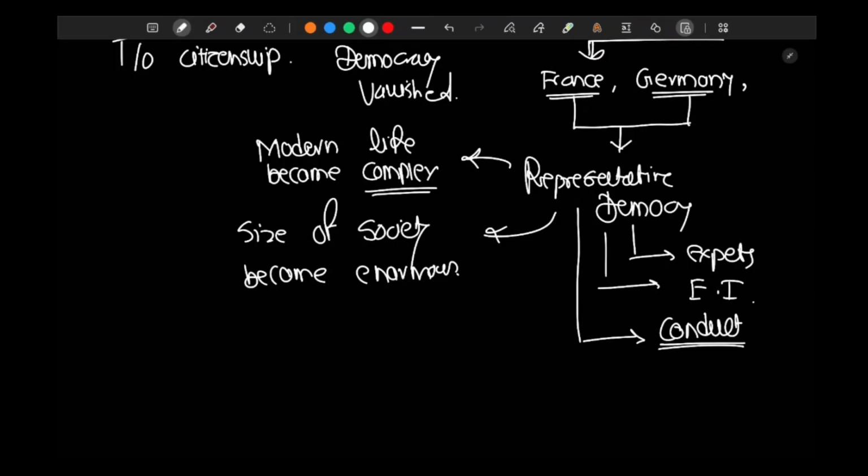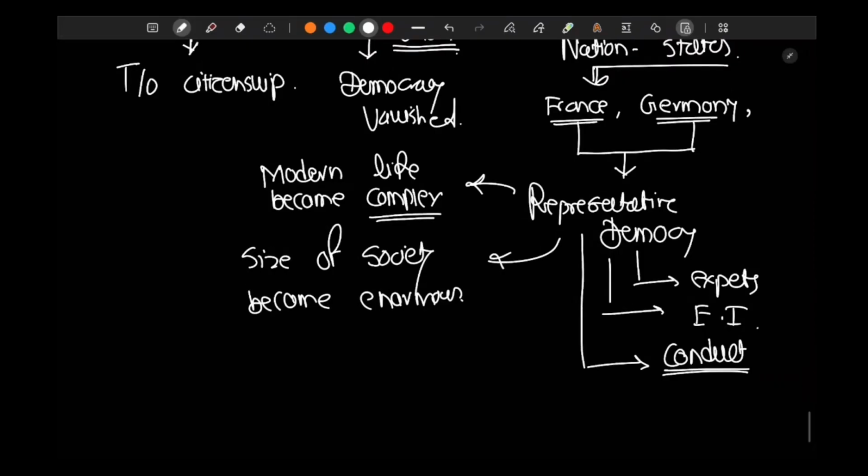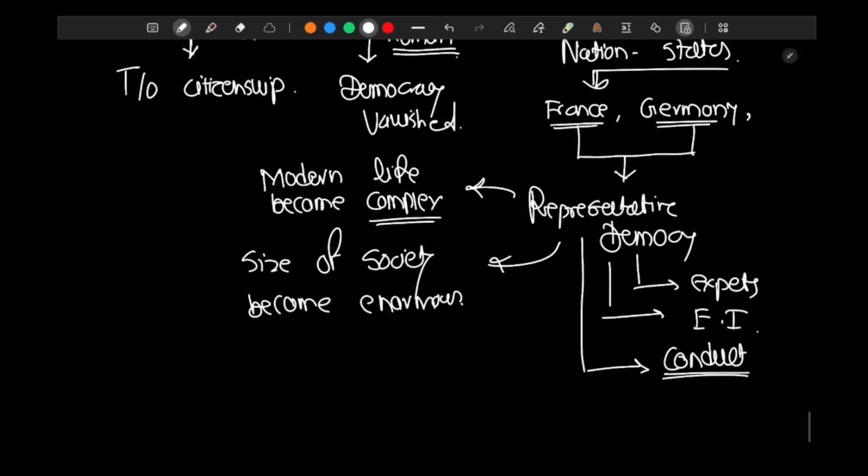So this is the idea. What is representative democracy? Why did it come? Because modern life became complex and society became enormous.